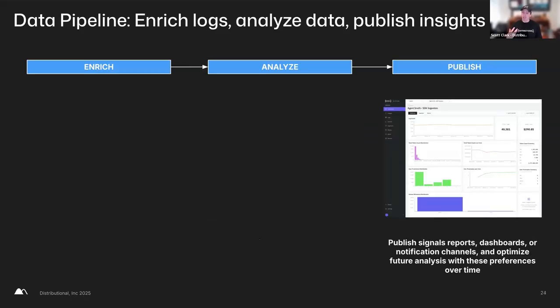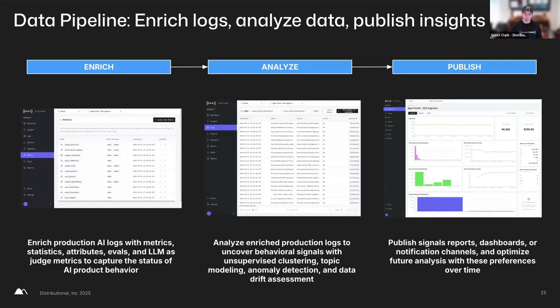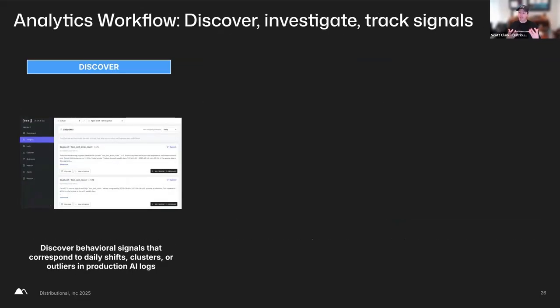The final step is then, of course, publishing it. So taking those and actually explaining it to the user, making it more visible and digestible, trying to get down to the point where you can, again, start to perform this kind of tab complete analytics.